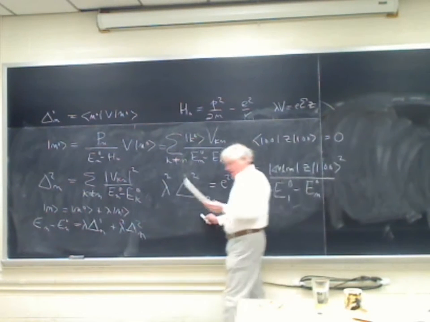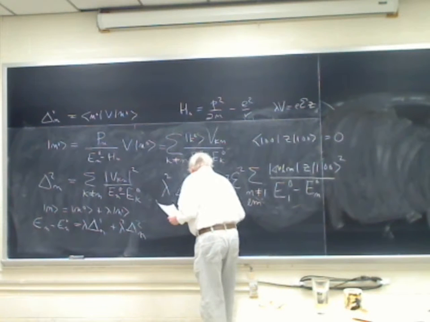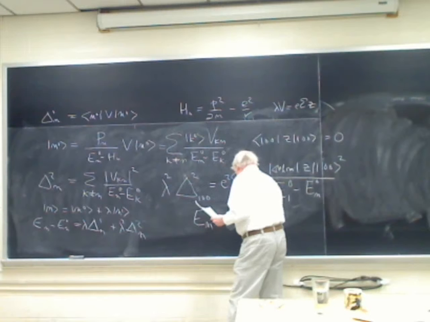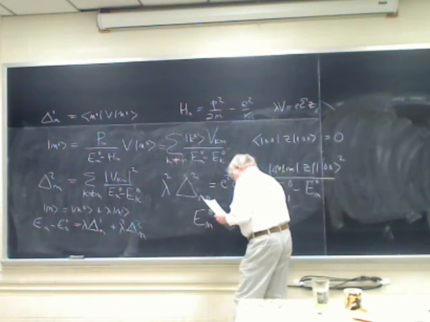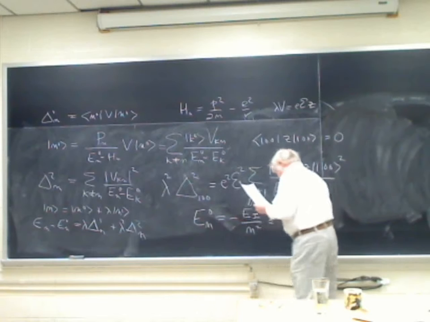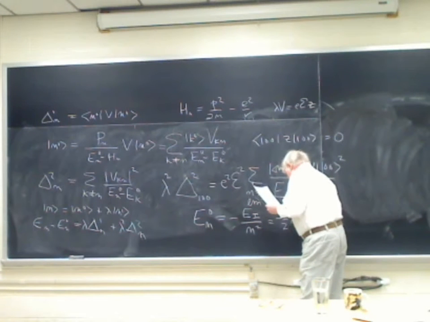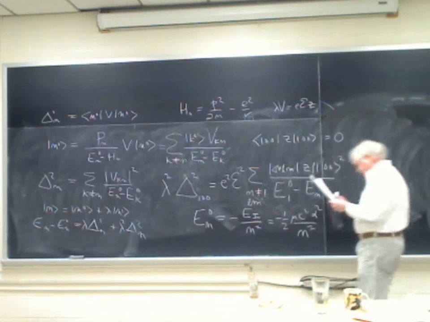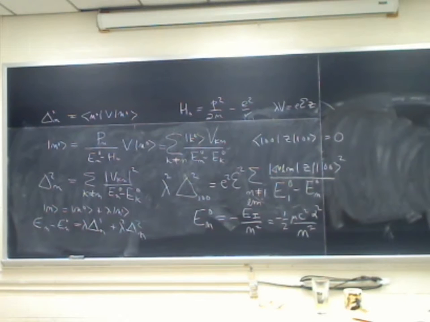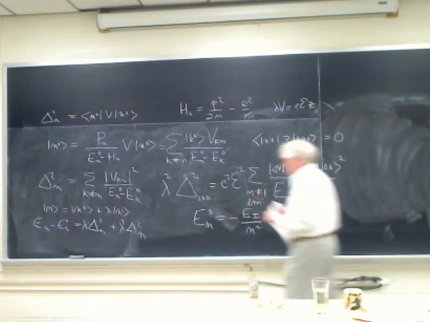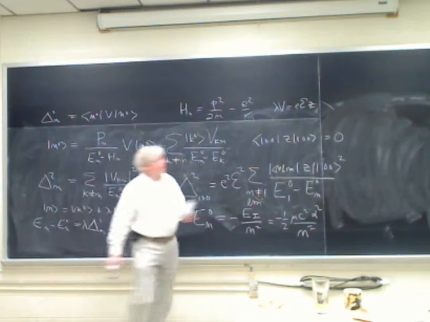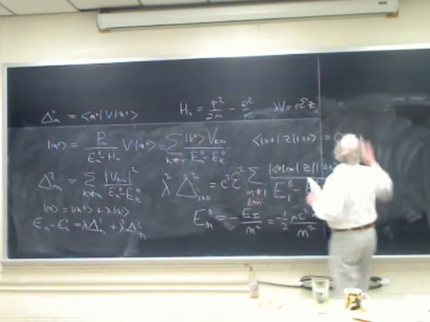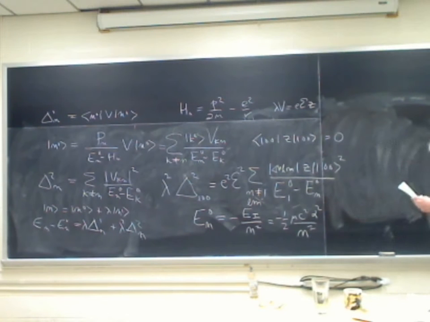Here, En0 is equal to minus EI, the ionization energy, over n squared, and that's equal to minus a half mu c squared alpha squared over n squared. That's what we have to compute.